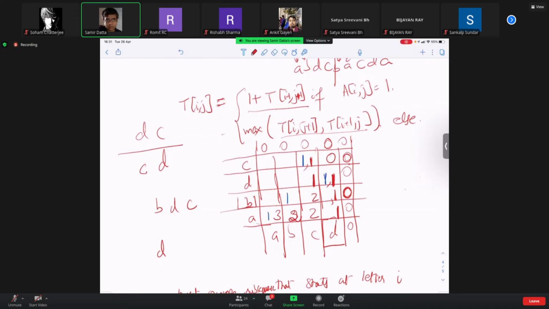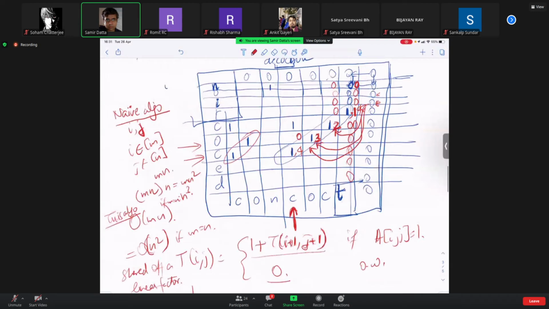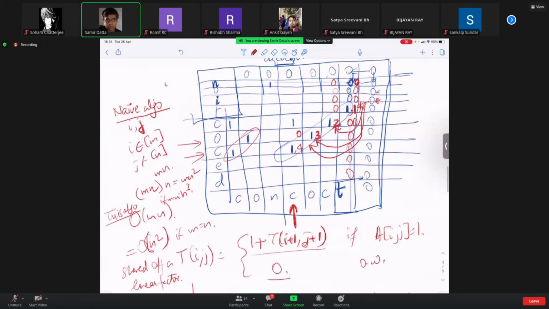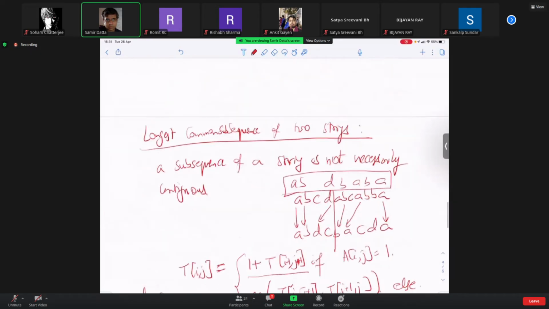How would you find this string? In the last one it was very easy because you look at the maximum value and the diagonal elements are exactly the word that you want, correct? So if this is 4, then the 4-letter string starting from this C inclusive is common. But here, how do we do it?